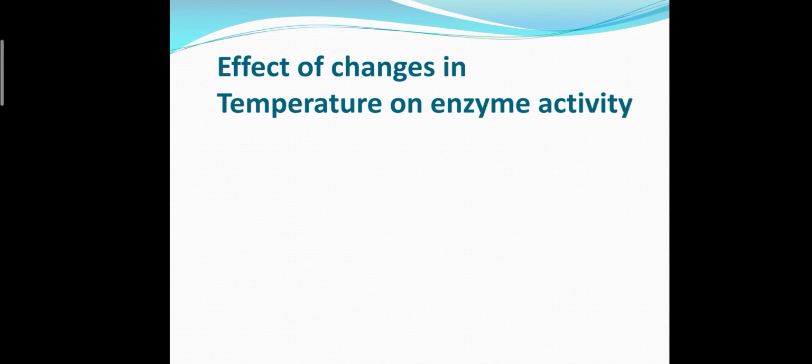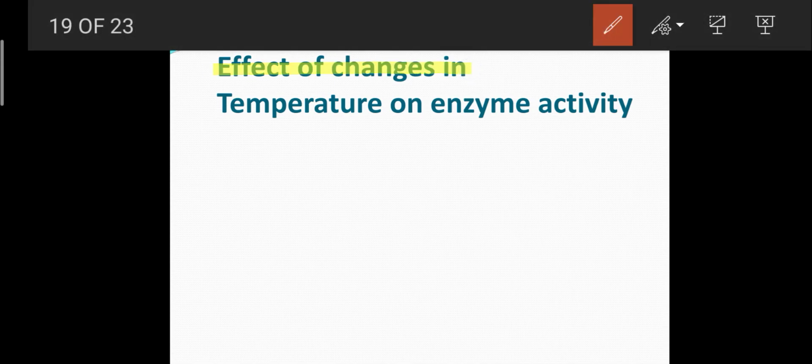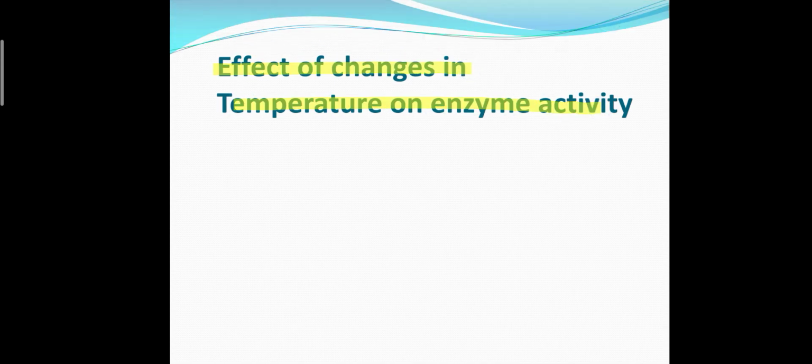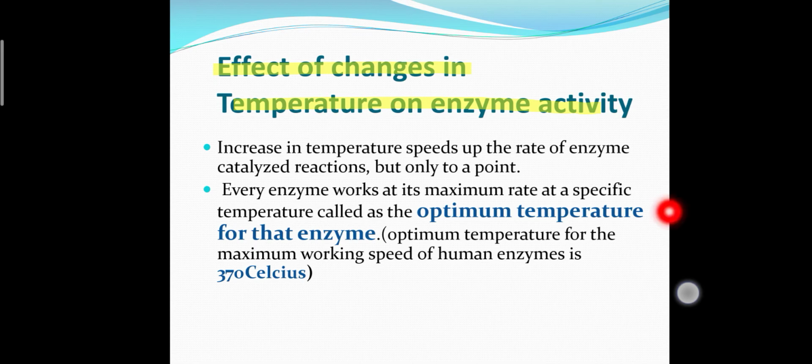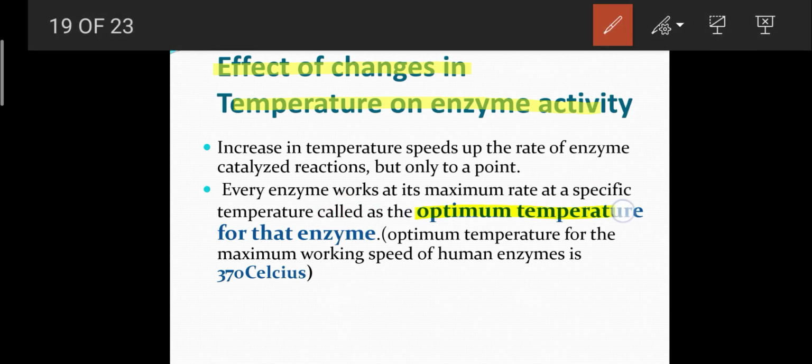What are the effects of changes in temperature on enzyme activity? An increase in temperature will speed up the rate of enzyme catalyzed reactions, but only up to a point. Every enzyme works at its maximum rate at a specific temperature, which is known as the optimum temperature for that enzyme.